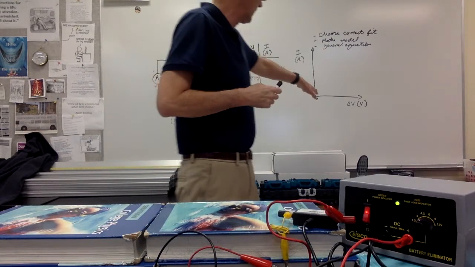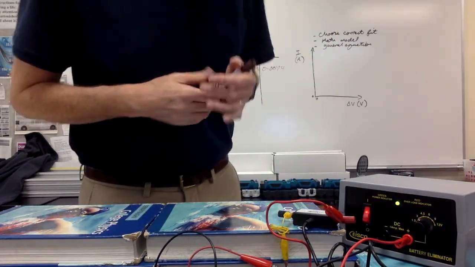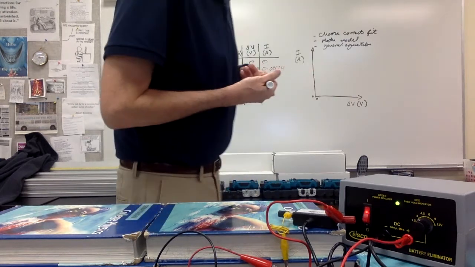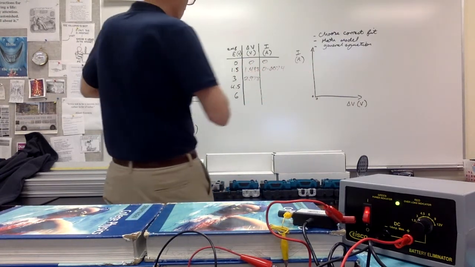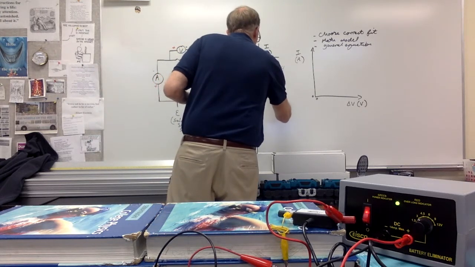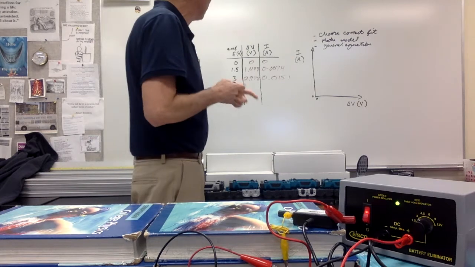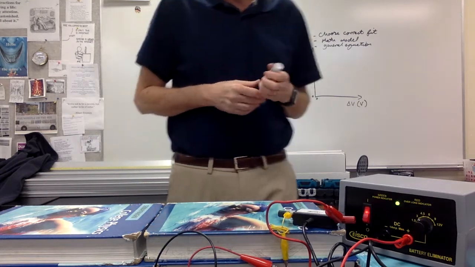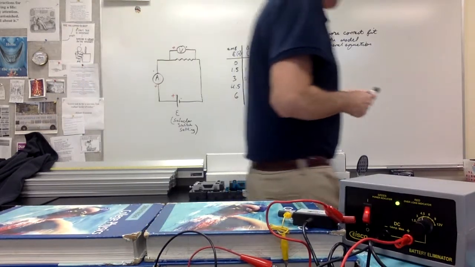That's going to be plotted on the x-axis of your graph versus the corresponding current of 0.0151. Let's go to the next one, which is 4.5 volts.